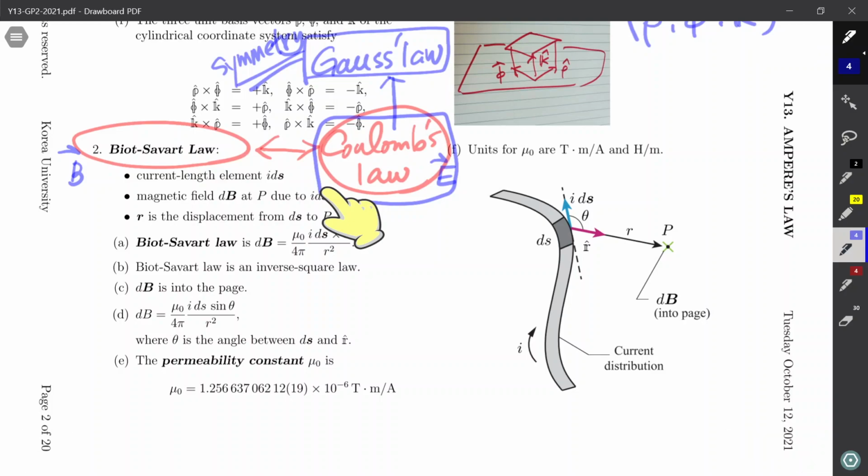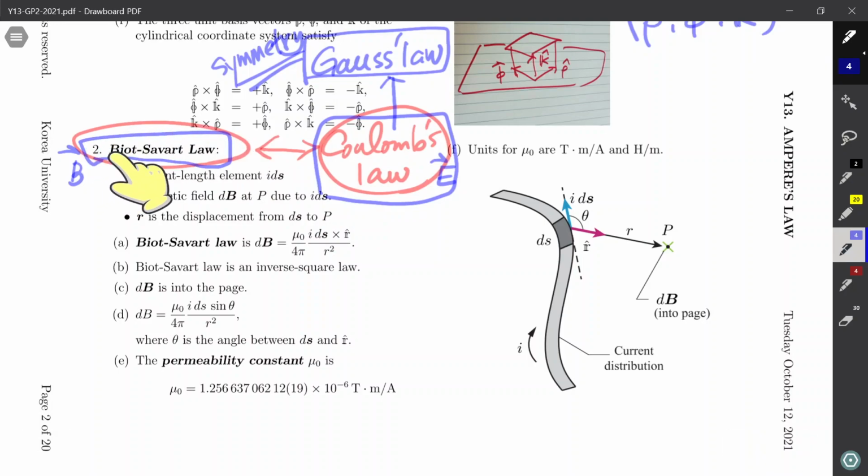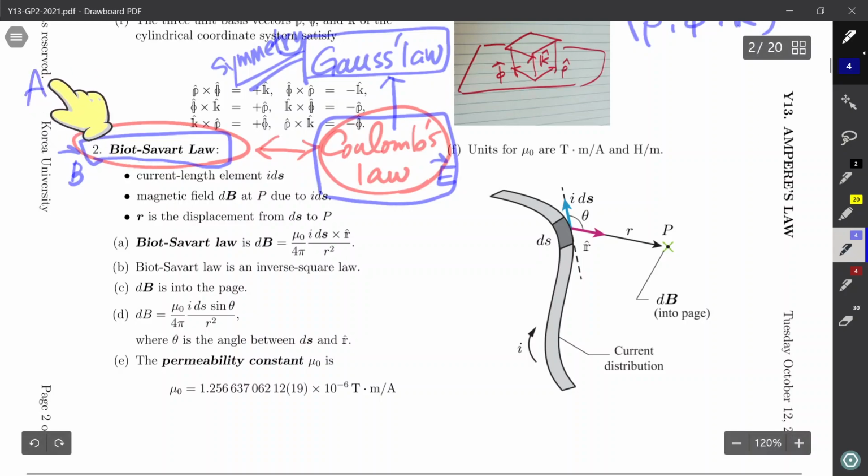In the case of the magnetic field, in general, Biot-Savart law tells us everything. But when you have some symmetry of the system or current, then you can make use of Ampere's law that we learn later.